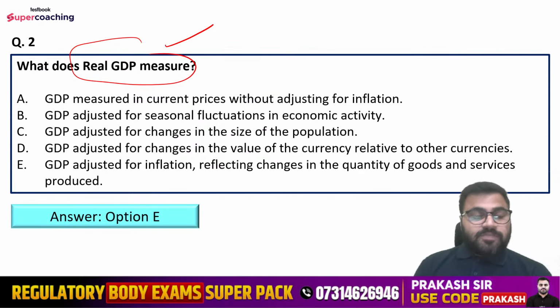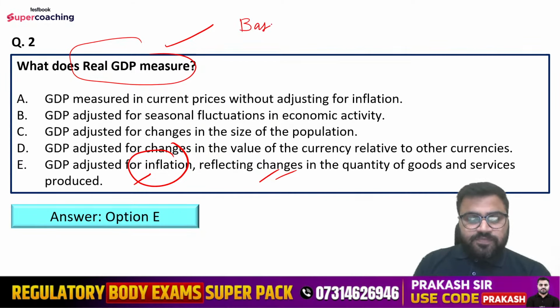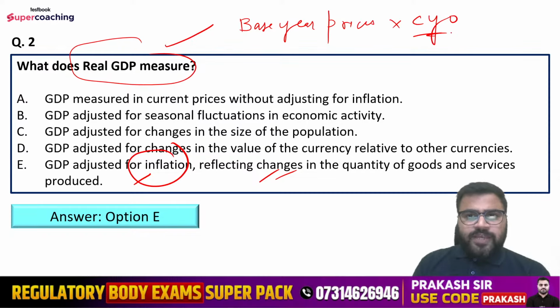Right answer is option number E, that is GDP adjusted for inflation, reflecting changes in the quantity of goods and services produced. So in the case of real GDP, we actually take the base year prices, right? We actually take the base year prices and that is multiplied with the current year output. Why? So that we can track whether whatever GDP figure we have been observing is because of the actual increase in production or just because of inflation, right?